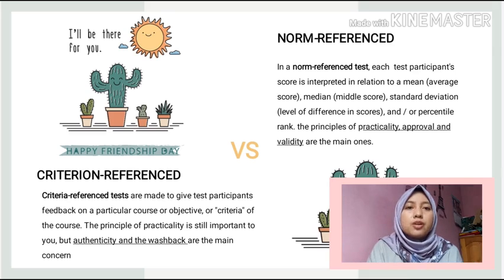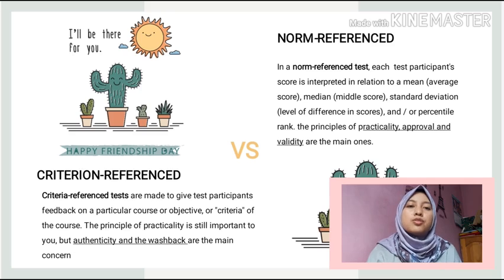So the special feature in norm reference is standardized tests, such as the Scholastic Aptitude Test or SAT, or the Test of English as a Foreign Language, as we know is TOEFL.